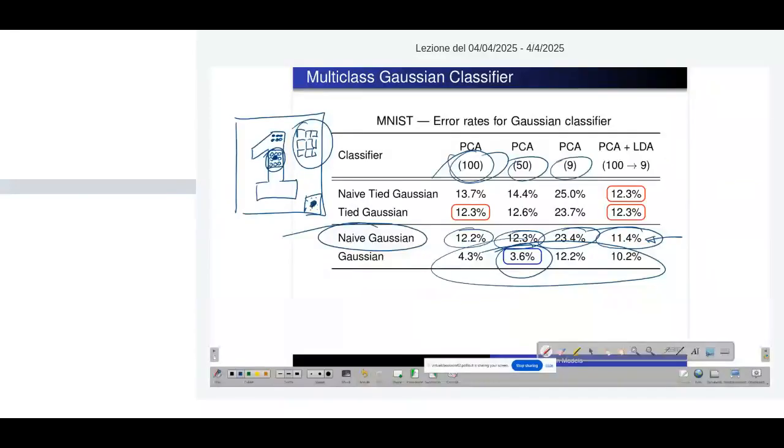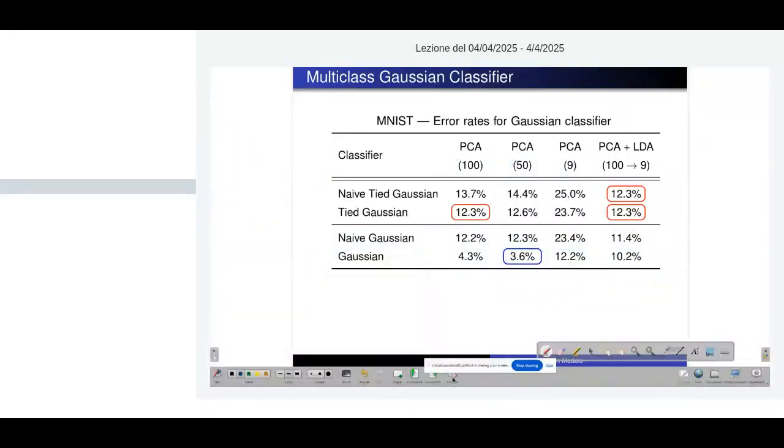So the color of the inner pixel does not affect the probability that a pixel that is nearby will be black or white. But this is not true, because if we know a pixel is white, then the probability that the neighboring one is white is also large, while if we know that a pixel is black, the probability that the neighboring pixel is white becomes low. So it depends on the neighbor. So they are not independent. And indeed, assuming independence, we obtain some results, but not the best one.